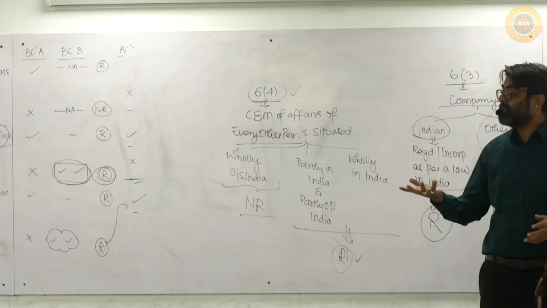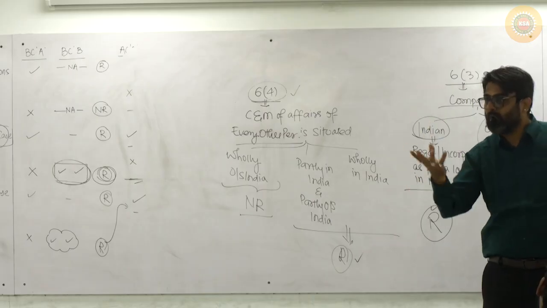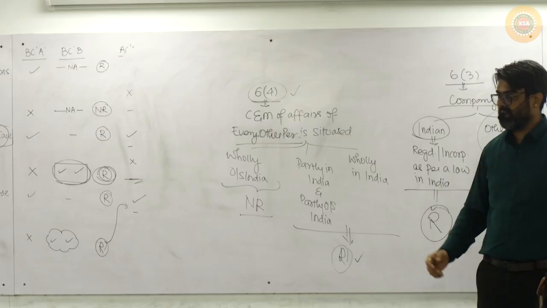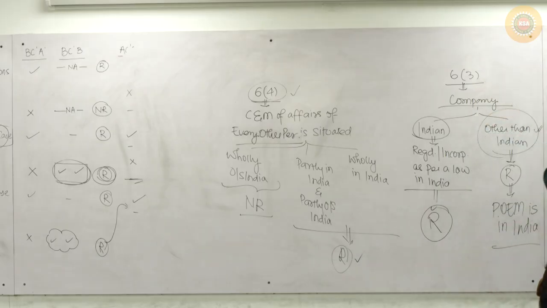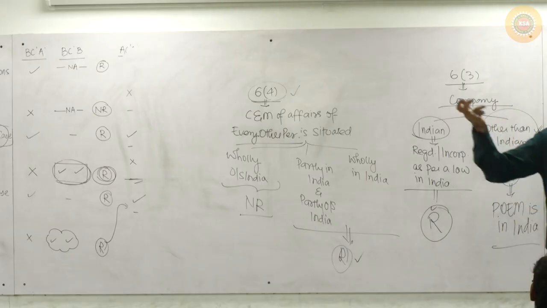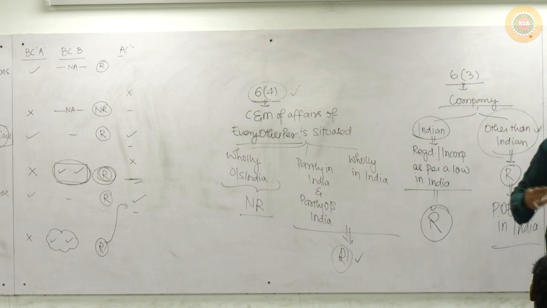The decisions which affect the growth and the survival of the company. Substantially those decisions are made in India, meaning that effectively the company is being managed from India. The place of effectively managing that company is India, because policy decisions are substantially taken from India.